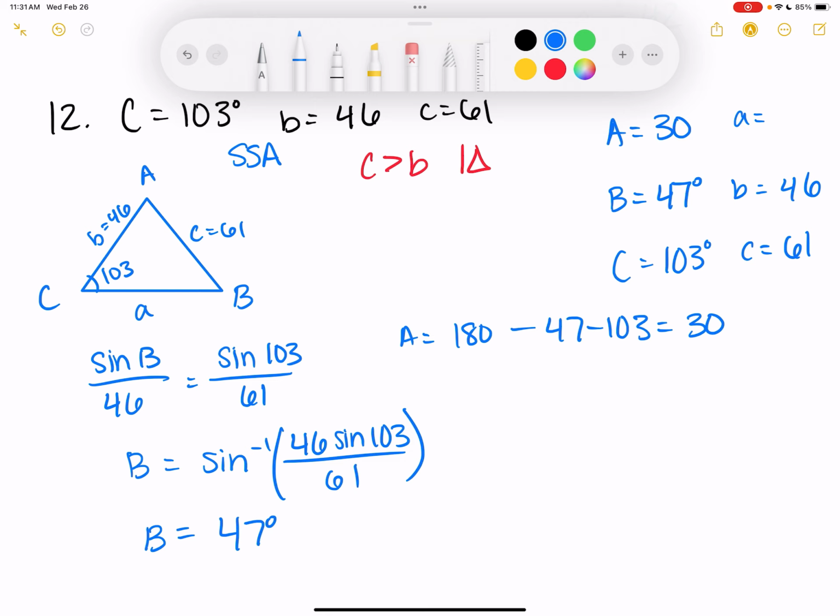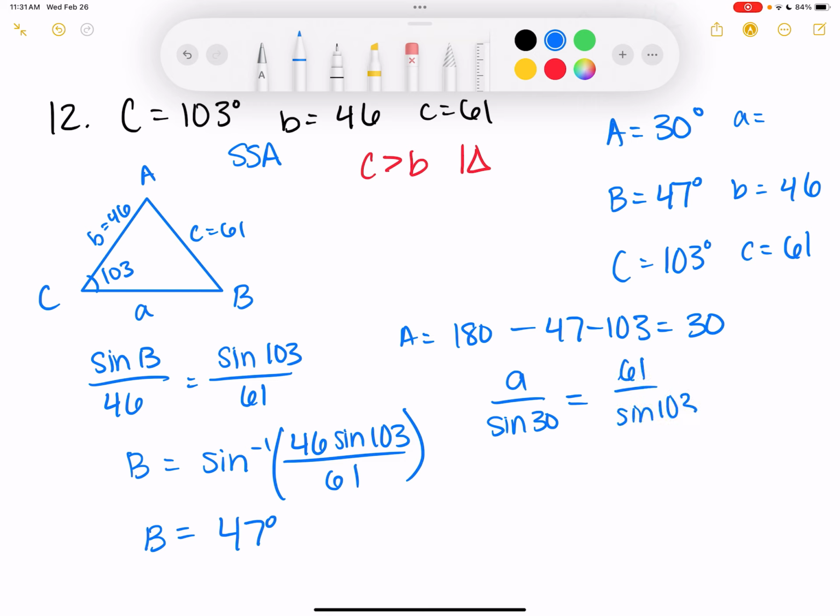So now solving for side A, I have A over the sine of 30. Obviously I know that too, but I don't need that value right now. And then using the given information, so 61 over the sine of 103.